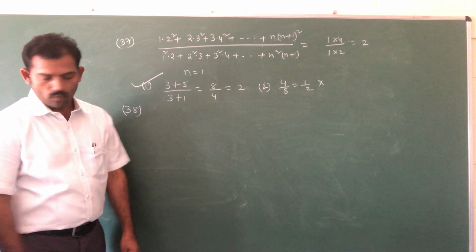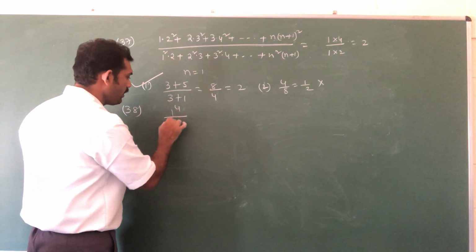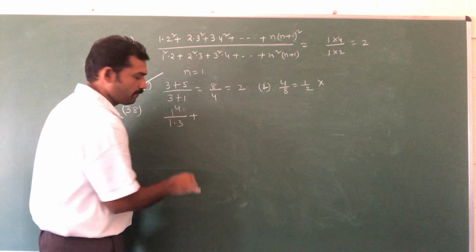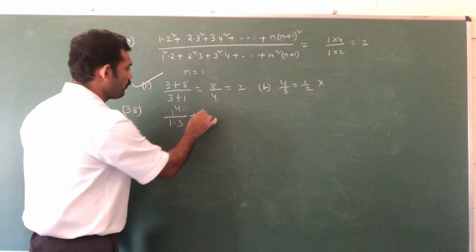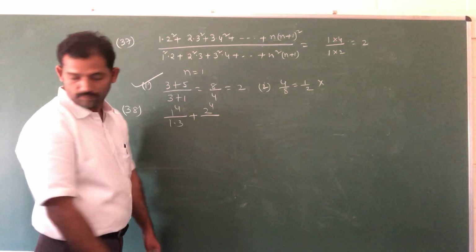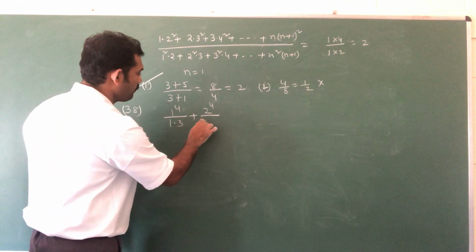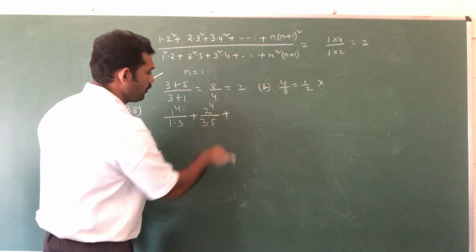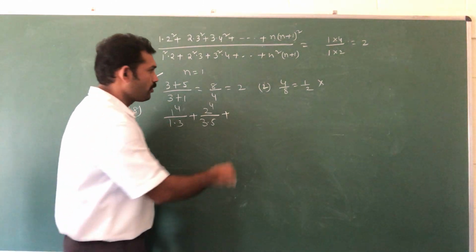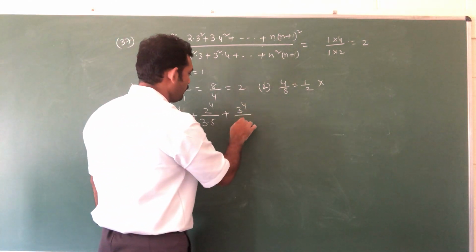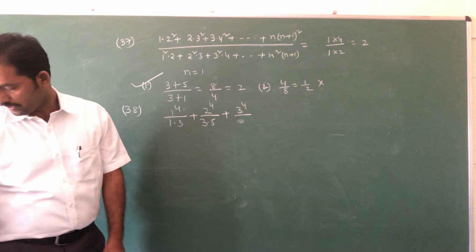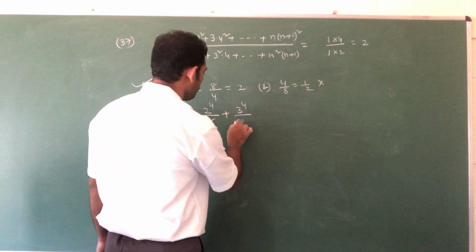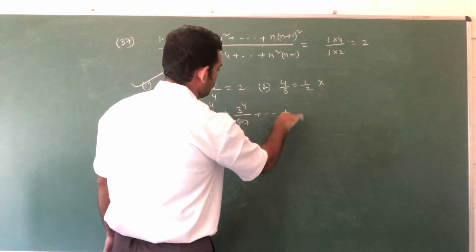38. What is given? 1/4 divided by 1 into 3, plus 2/4 divided by 3 into 5, plus 3/4 divided by 5 into 7, plus and so on.